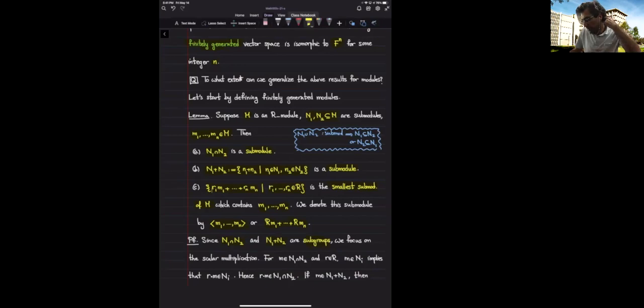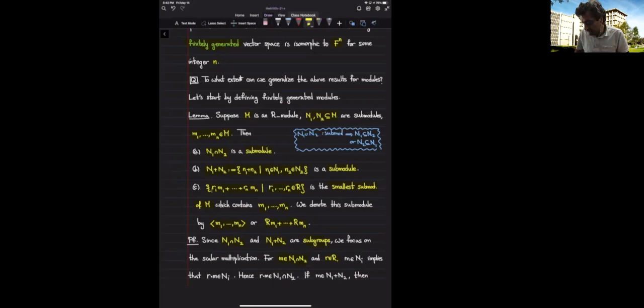Now we want to show that these sets are closed under scalar multiplication. So I pick an element from these sets, I pick a scalar R, and I need to multiply and show that it is still inside this set. Let's pick some element m inside the intersection of N1 and N2, and some scalar R, and let's multiply them.